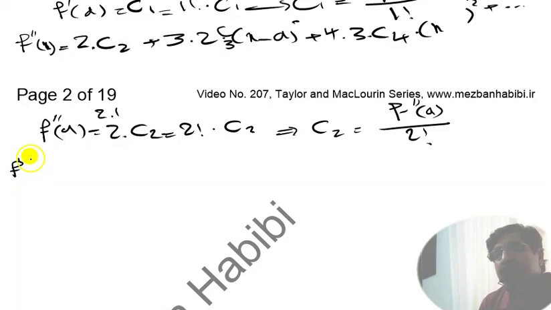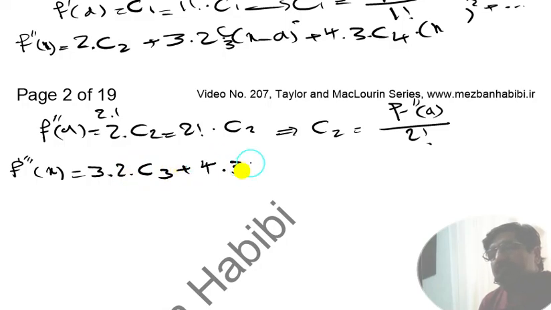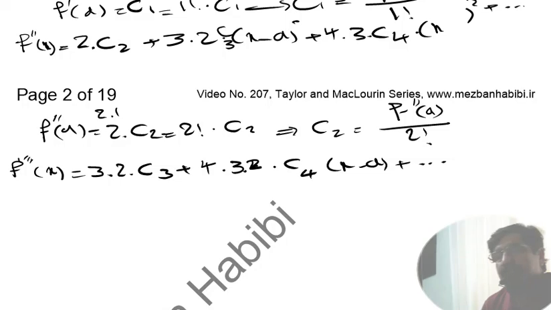Then the next derivative, the third derivative of f at x, is 3 times 2 times c3 plus 4 times 3 times 2 times c4 times x minus a plus dot dot dot.